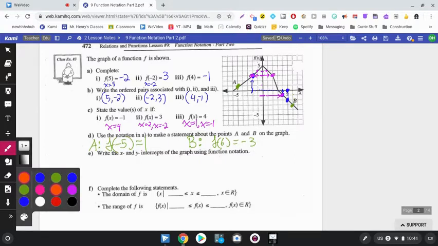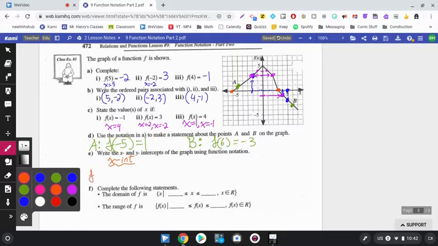It says write the x and y intercepts of the graph using function notation. Okay, x-intercepts. I guess this point on the very left, and then this point kind of in the middle. There'd be 2 x-intercepts. This one and this one. And what I'm saying is their inputs would give me an output of 0.